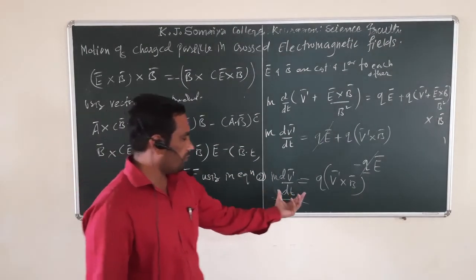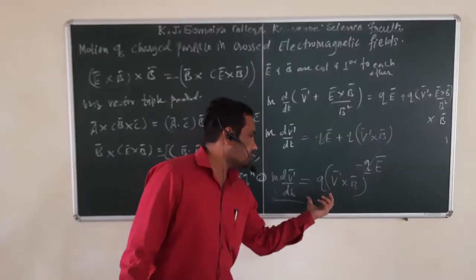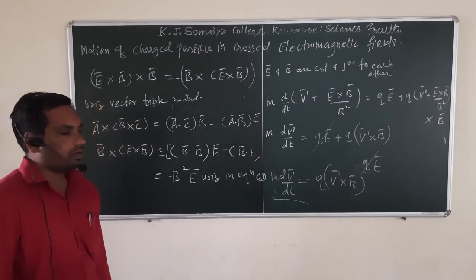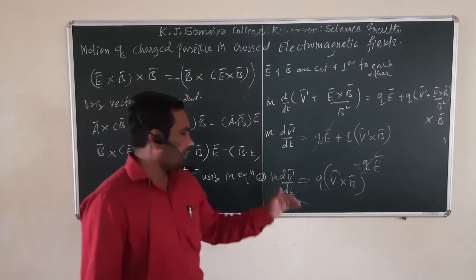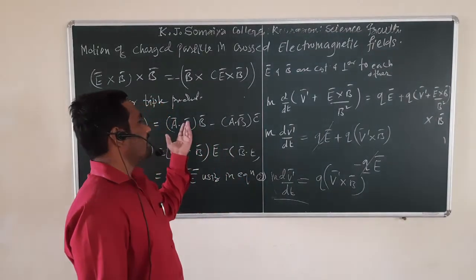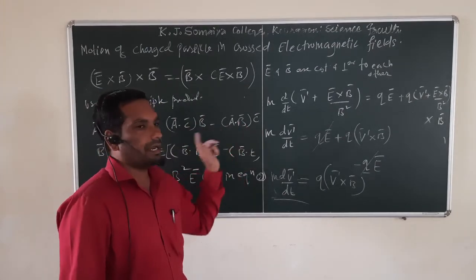The same equation we get by using Newton's second law of motion. So from this equation we conclude that when a charged particle enters a magnetic field, due to the electric field it is accelerated, and due to the magnetic field its direction is changing.